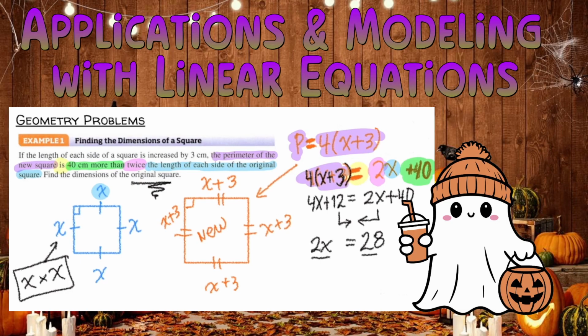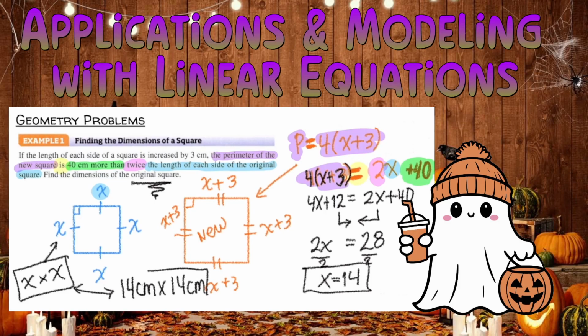And divide both sides by 2, and you have x is 14. 14 is centimeters, so that means my final answer, the dimensions of the original, is 14 centimeters by 14 centimeters. Those are the dimensions.